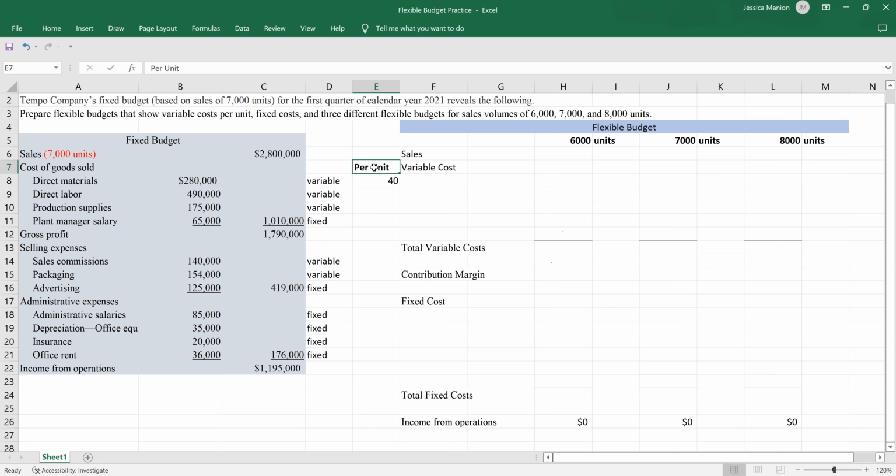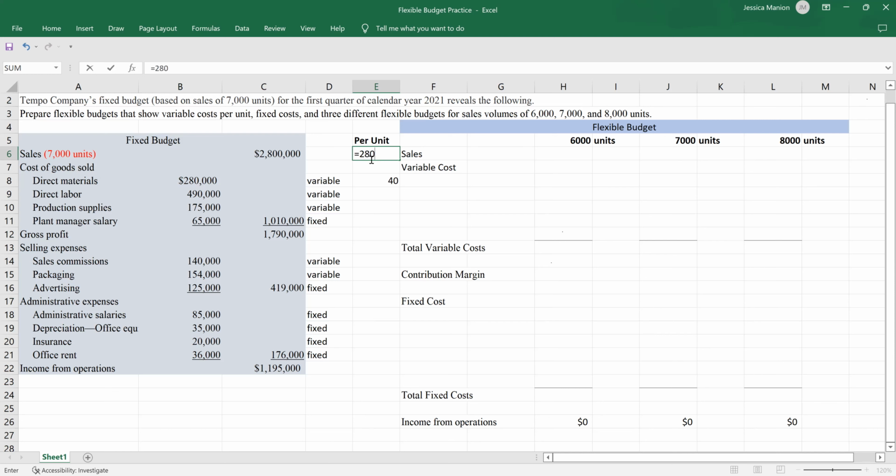And in fact, let me put this up here because we also want to break down our selling price per unit. So we had sales of 2,800,000, and that was sales for 7,000 units. So again, we want to know what's our selling price per unit.